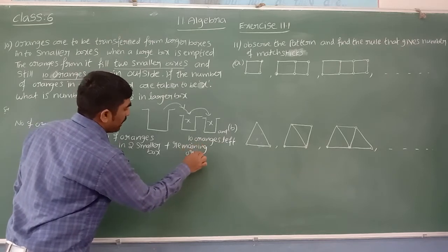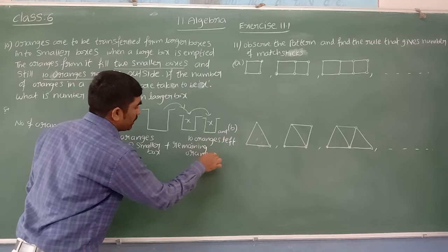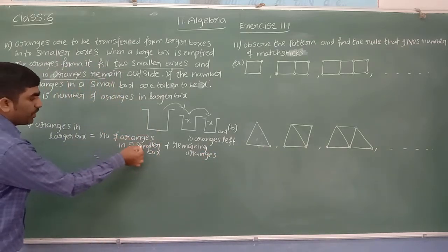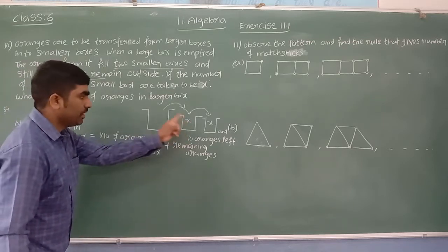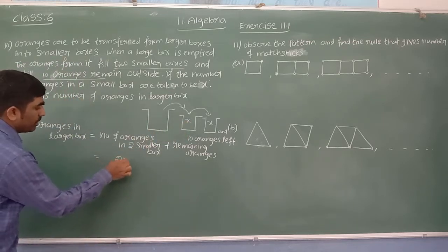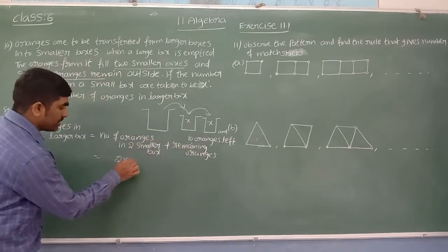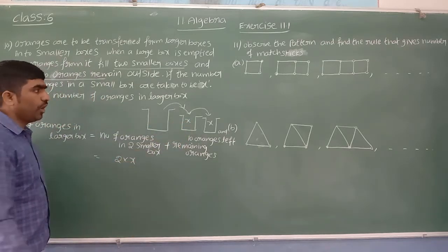By adding this we get the total number of oranges in the larger box. So it is equal to the number of oranges in two small boxes, 2 into the number of oranges in each box, x. 2 into x.